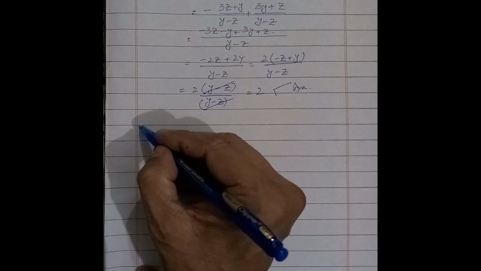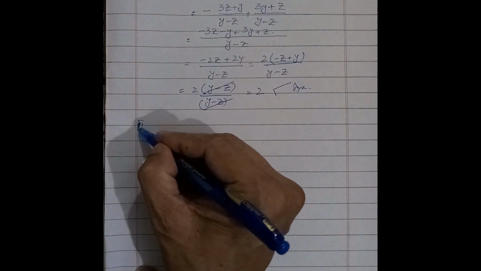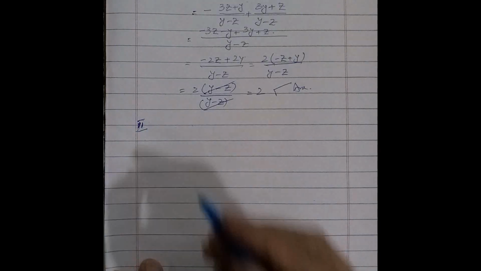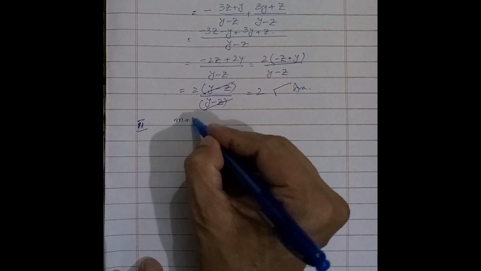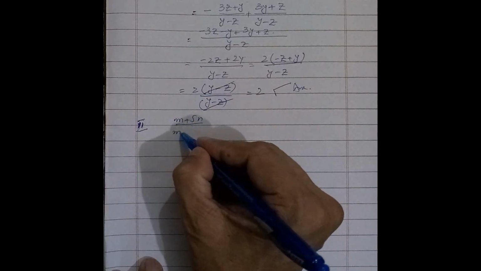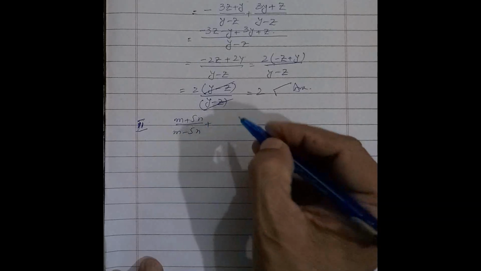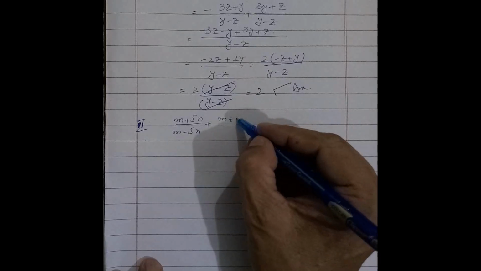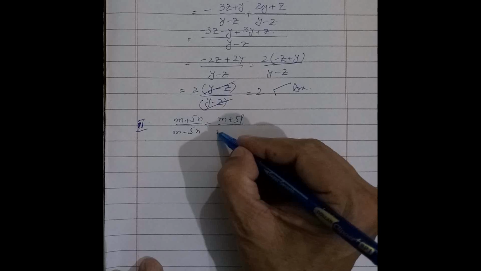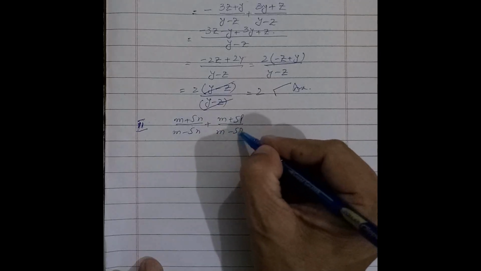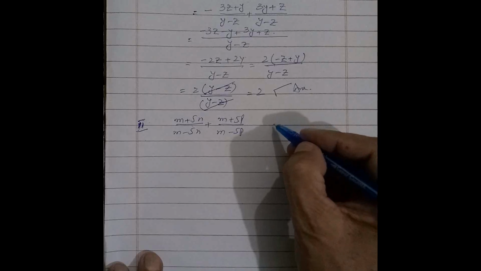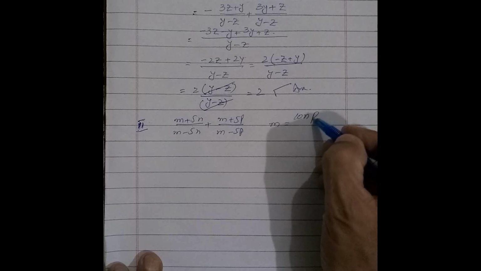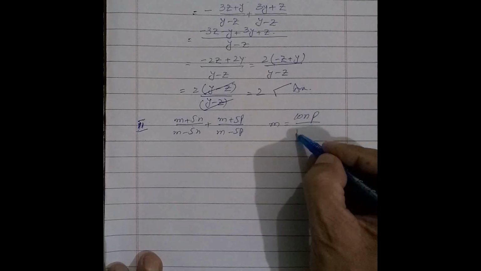In the same way we solve part 2, in which we have m plus 5n over m minus 5n plus m plus 5p over m minus 5p, and we have m is equal to 10np over n plus p.